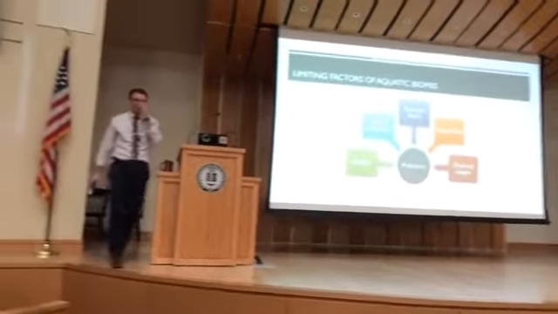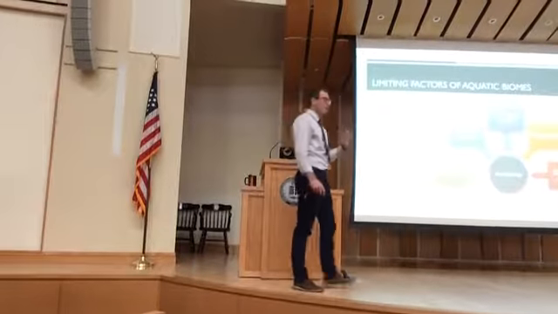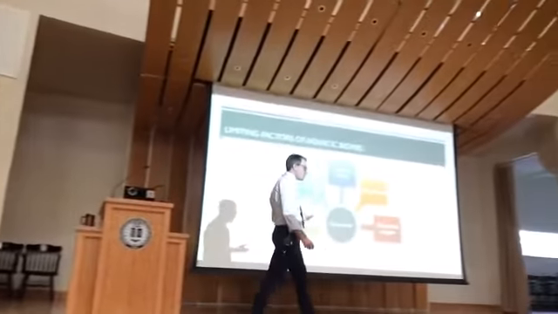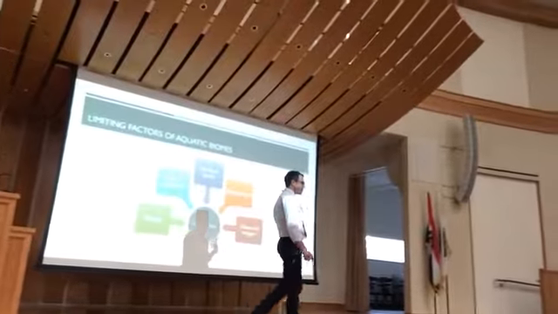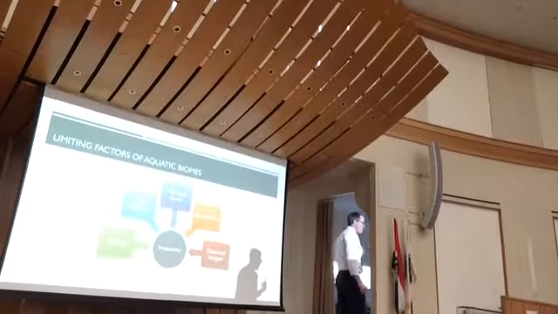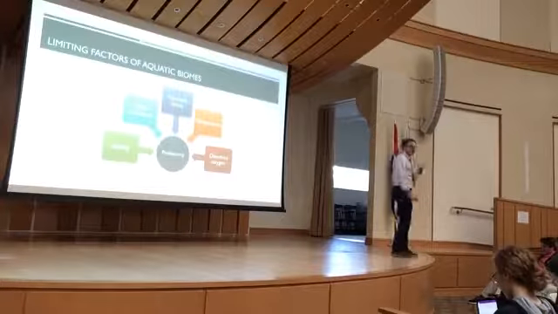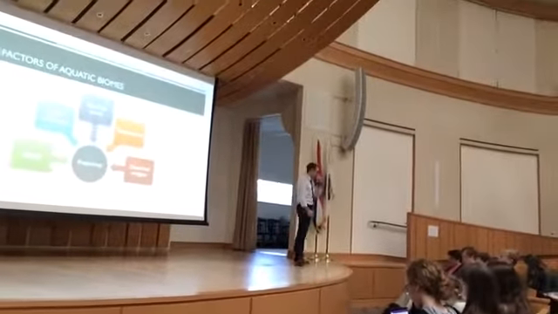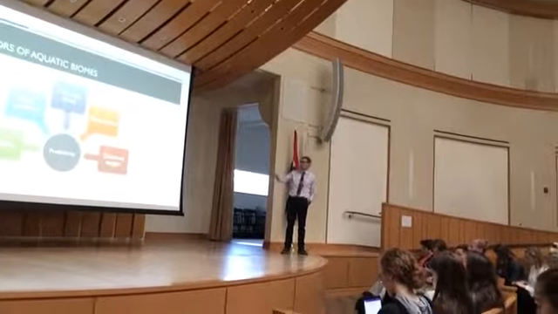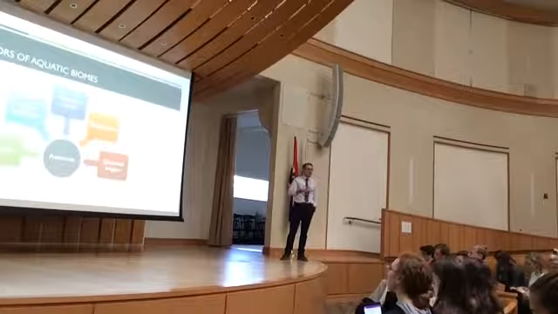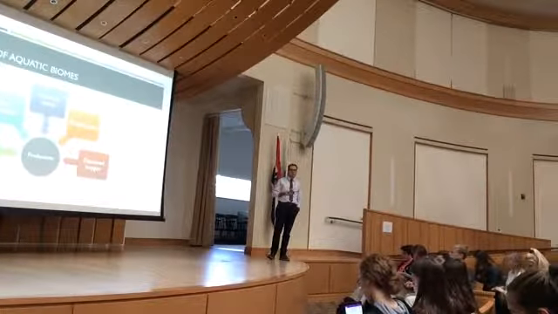We're back. We've just spent a good amount of time talking about the terrestrial biomes. Some of the trends are going to be the same, but I want to make sure that we talk about the aquatic biomes as well, because there are some key distinctions between the two. There are certain limiting factors that are shared across terrestrial and aquatic biomes.